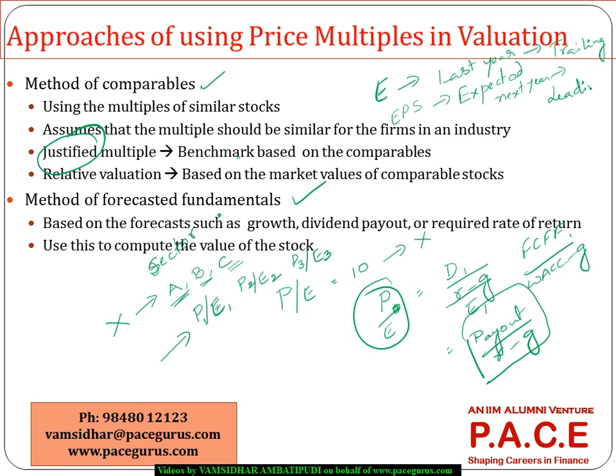We just need to understand the difference between the leading and the trailing P by E ratios. Trailing is based on the earnings of the past year, whereas leading is based on the earnings of the current year. But whatever it is, the multiple plays a key role in the valuation process.